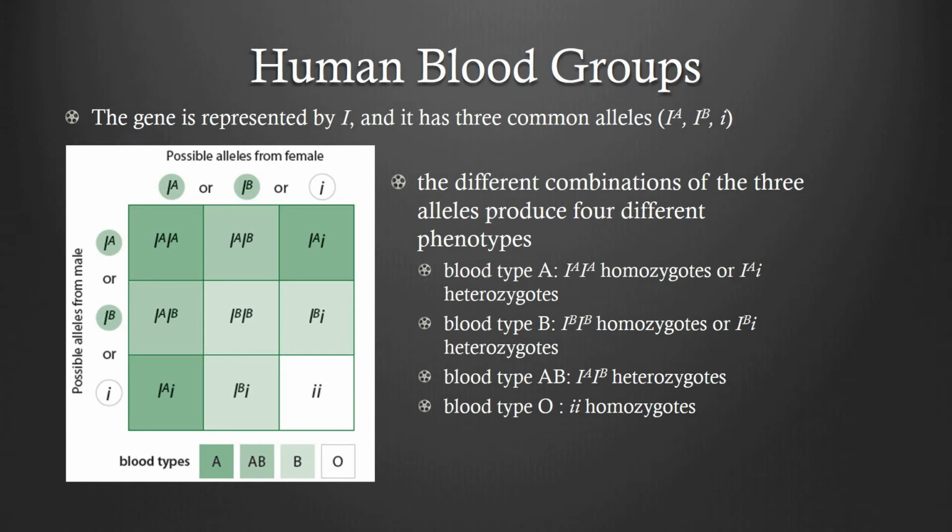Since you get two alleles, one from your dad, one from your mom, there are combinations that they can make. So there are going to be four different phenotypes that it can create.